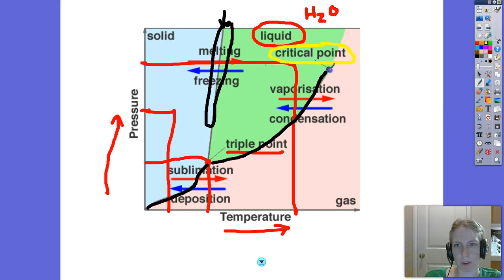So that's this point right here. And once again, that's the point at which no amount of pressure will make water liquefy. So important parts on the graphs, make sure you know what the lines mean between the different phases, and also the critical point and the triple point.